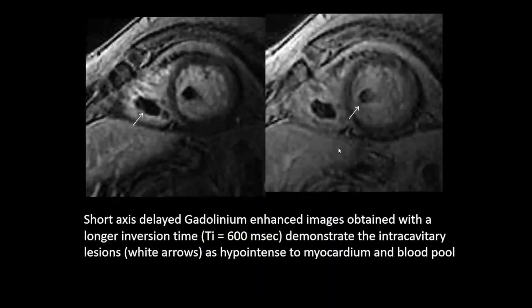This is a longer inversion time sequence. Depending on the scanner, you would choose; on a 1.5 Tesla it's usually 600 TI. In my limited experience, we have tried to look at dual energy iodine content of lesions to differentiate thrombus from masses.